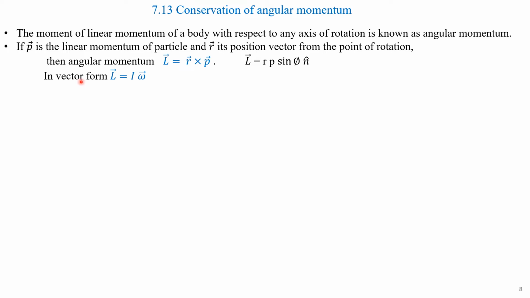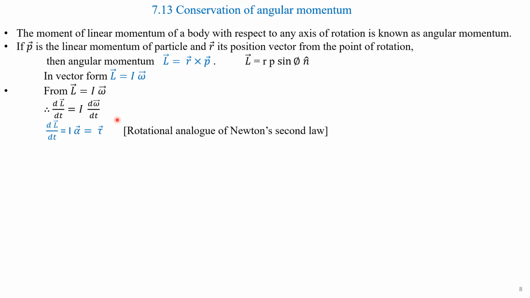In vector form, L can be written as L is equal to I omega, where I is the moment of inertia and omega is the angular velocity. From this relationship, L is equal to I omega, by differentiating we can write dL by dt is equal to I into d omega by dt.